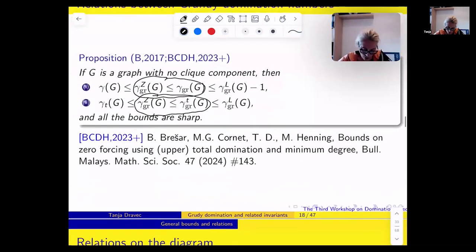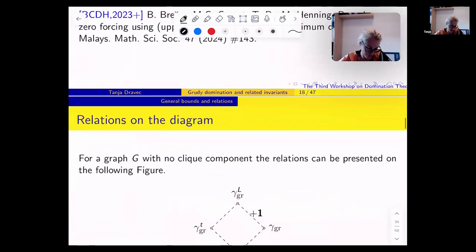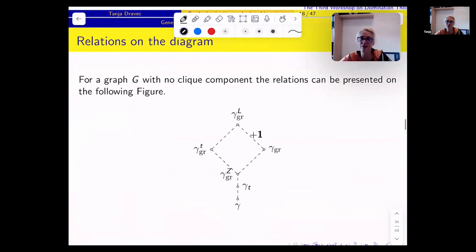Okay, maybe I will just go to the next page. Here is a graphic presentation of the relations between these invariants. We know that the domination number is the smallest among all these invariants.